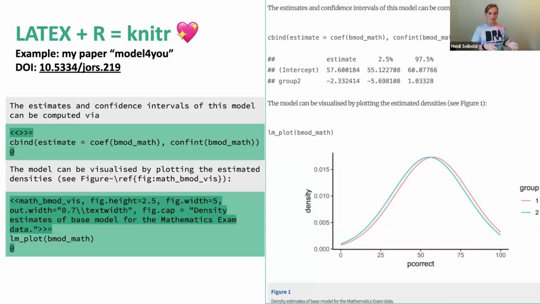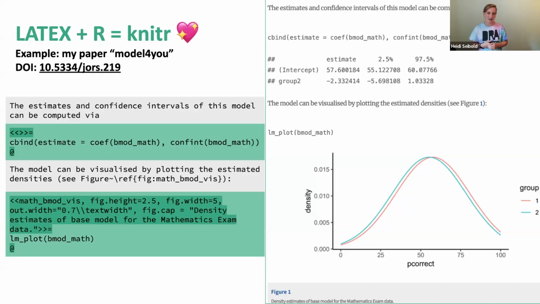On the left-hand side, you see the original, how I wrote it, and on the right-hand side, you see the paper, how it comes out in the end. Since this is a software paper, you see on the right-hand side that there's still code in there, but you can hide that in your normal, regular papers if it's not a software paper.